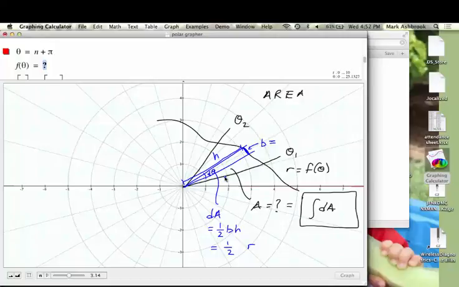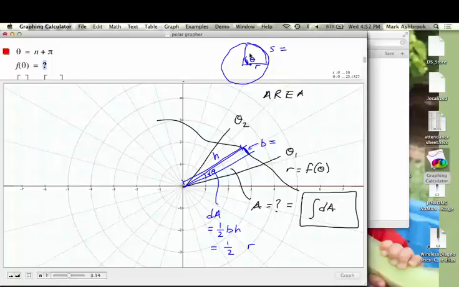No, that's a little too complicated. Just think about arc length on a circle. S equals what? Remember what the arc length is in a circle?